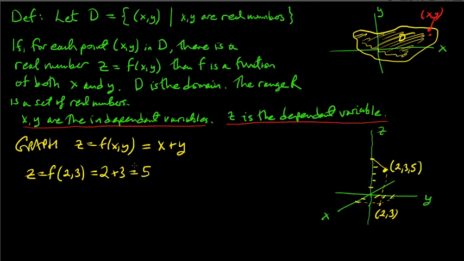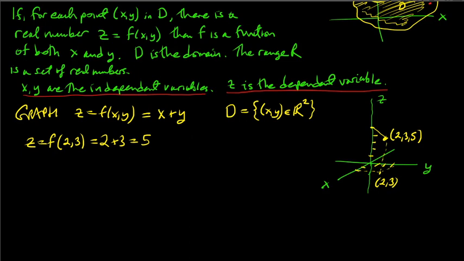Okay, now it's just one point. There's many others. In this case, we're assuming the domain is the set of all points in the xy plane, so the set of all points xy in R2. So obviously this is not the graph. This is just one point on the graph.